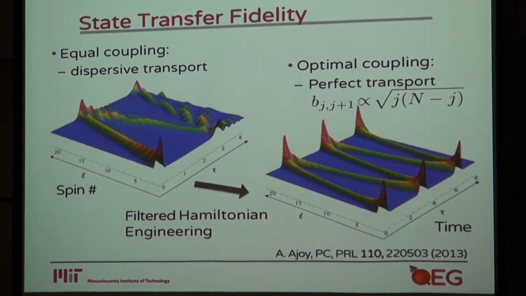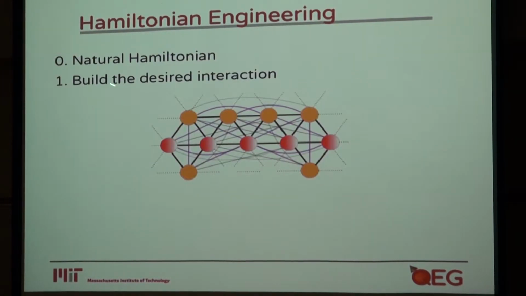So what we would like to do instead is apply these ideas of Hamiltonian engineering, adding some filtering, and try to achieve this type of coupling in a dynamical way. If you wanted to summarize a little bit, what we want to do is the following. We start from the natural Hamiltonian. Then we apply some control in order to achieve the desired type of interaction, for example this double quantum interaction or the Hamiltonian for your spin transfer.